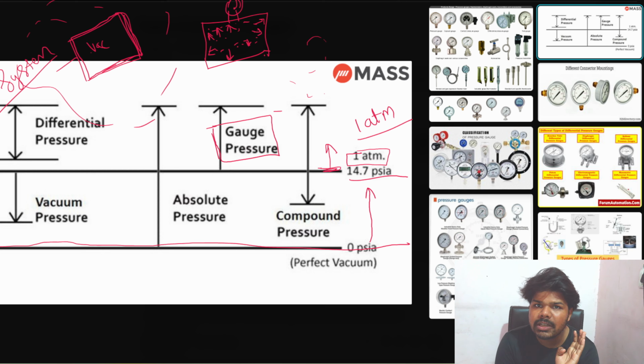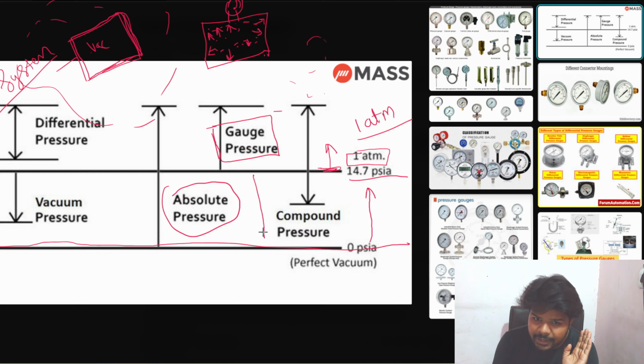Suppose 10 kg pressure is shown in the figure. It means absolute pressure is 1 atm plus gauge pressure.